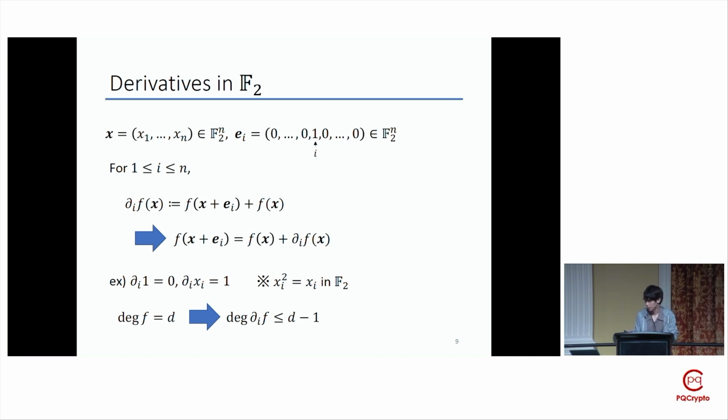Then by using this definition in the enumeration algorithm of Bouillaguet et al., they compute the value of f(x + e_i) by adding f(x) and del_i f(x). For example, it holds del_i 1 equals 0 and del_i x_i equals 1. And if the degree of f is d, then the degree of del_i f is lower than or equal to d minus 1.